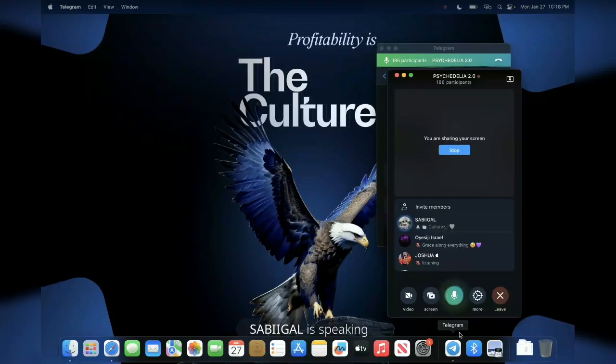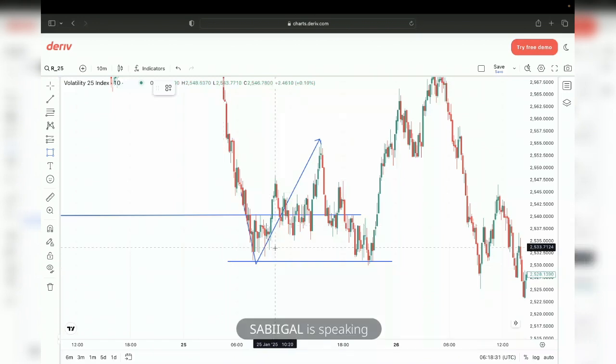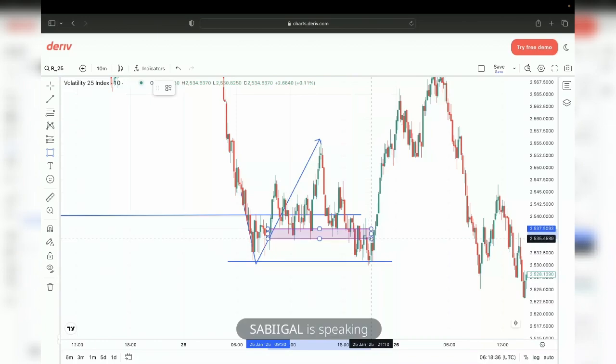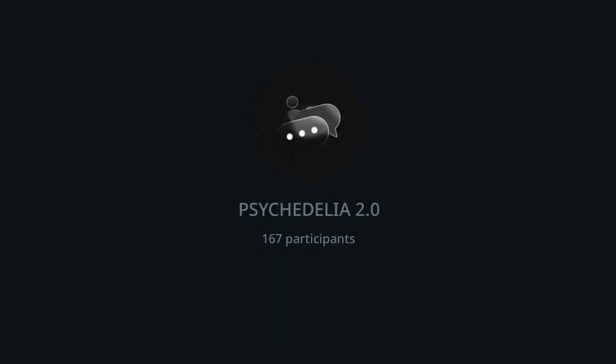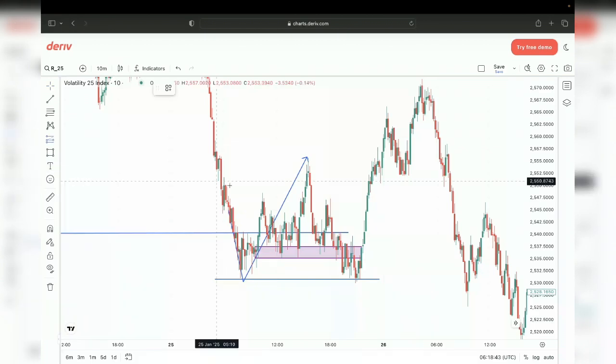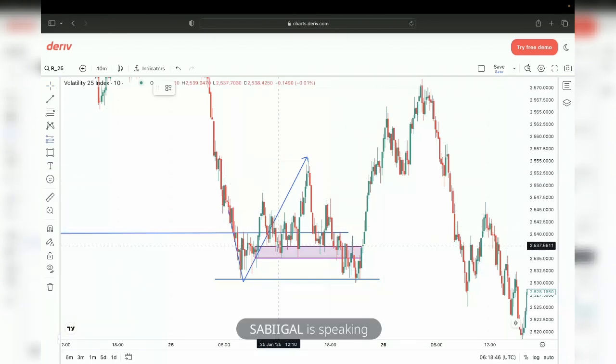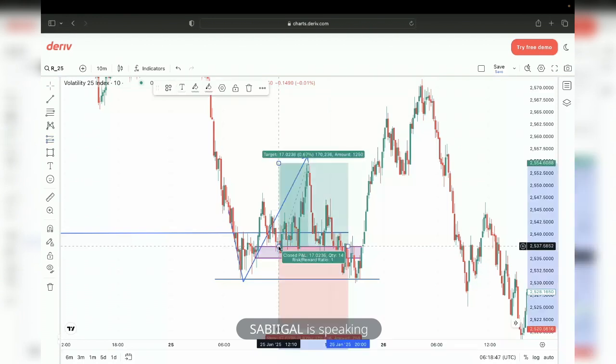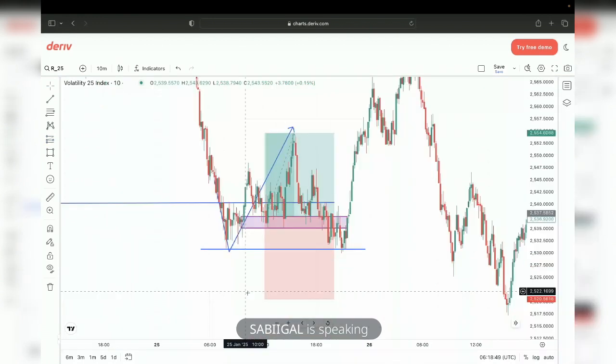So the last we have is this one here, and then the SL has to still maintain that point below it. All you are doing is reducing your risk.